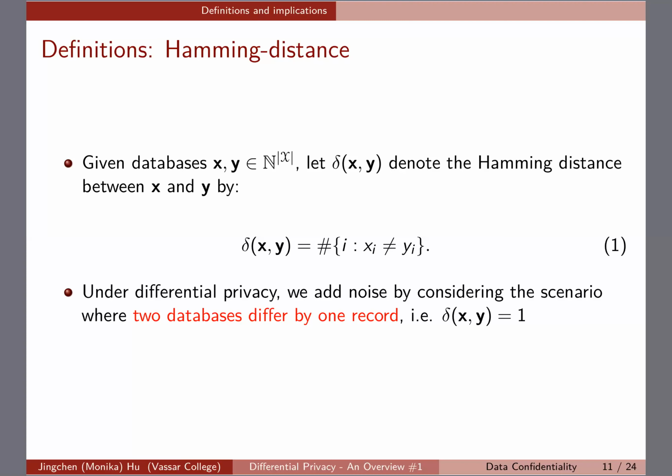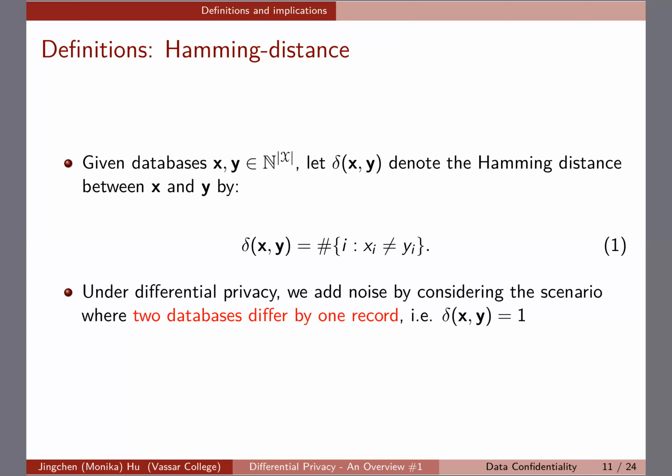So this might sound like a very strong assumption, and I should say it is. This is trying to say, as you will see soon, that differential privacy is really trying to add noise by considering that if two databases only differ by one record, we want to make sure that the output, let's say the count, the number of rural CUs that we want to report, that's the query, so we want to give the output.